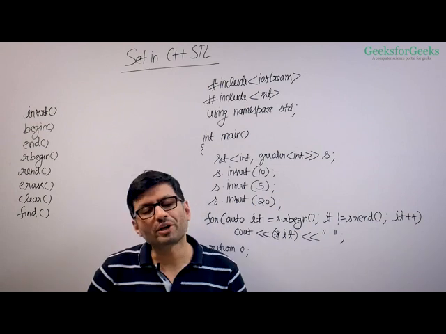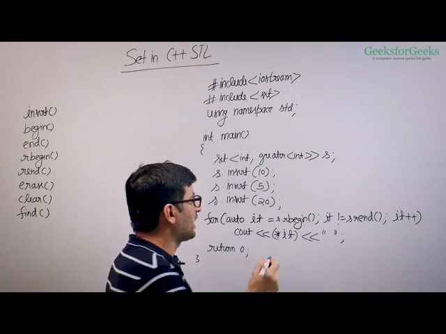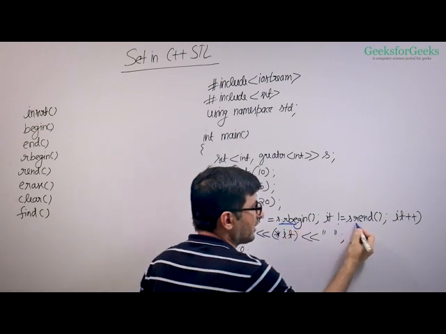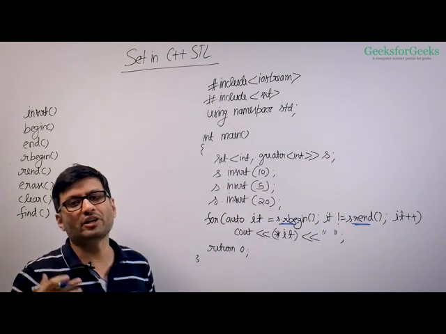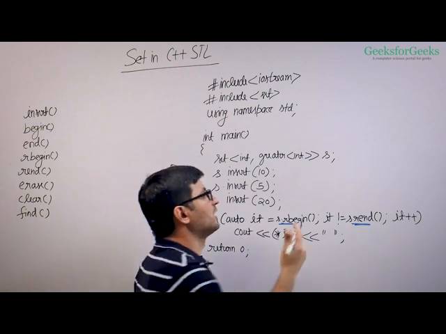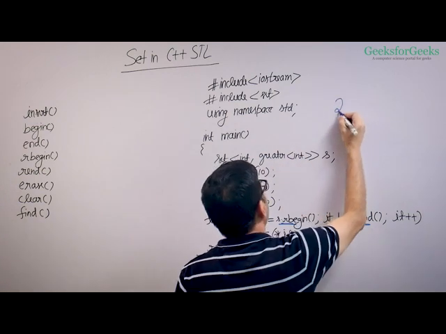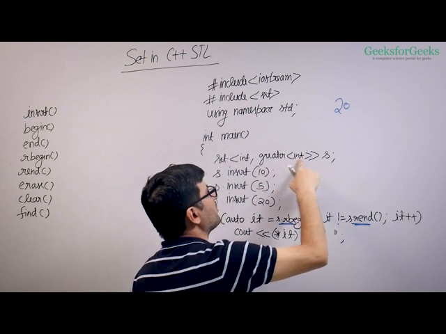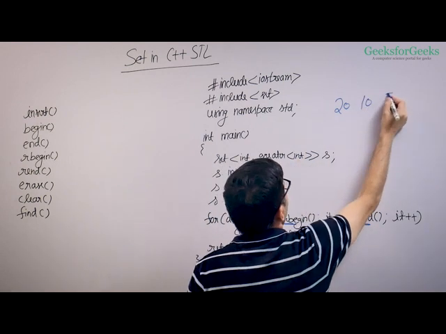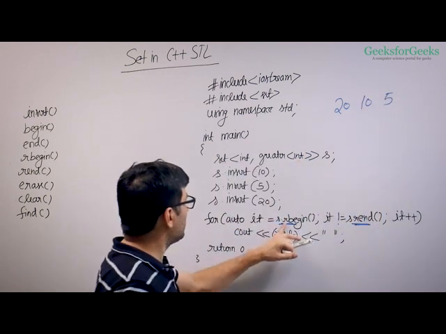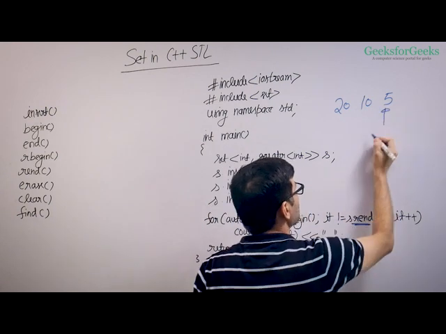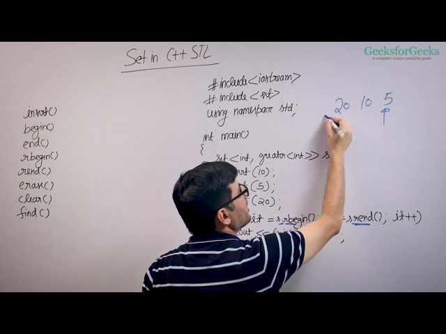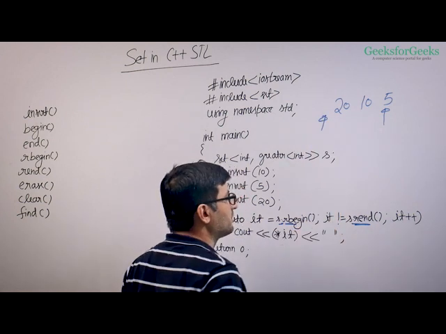Here is one more way to traverse the set. Here I have used rbegin and rend. So these rbegin and rend return reverse iterators. Your set is internally stored like this because we have used greater, so it will be in decreasing order, 20, 10, 5. rbegin, reverse begin, will point to this element, and rend will point to an element beyond the first element.